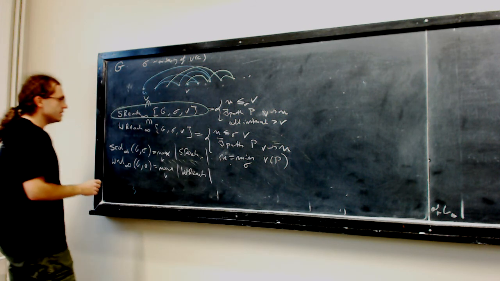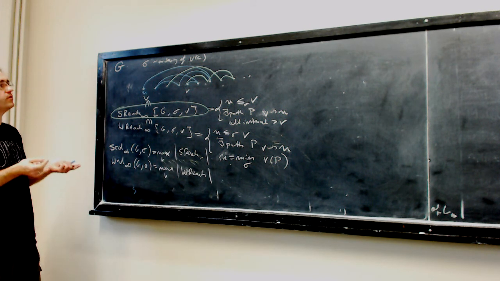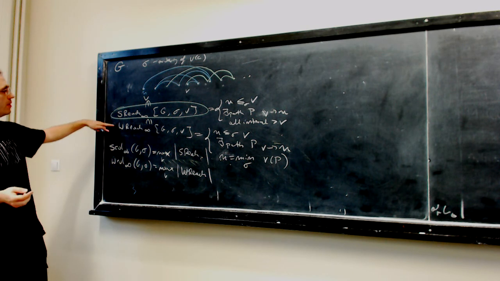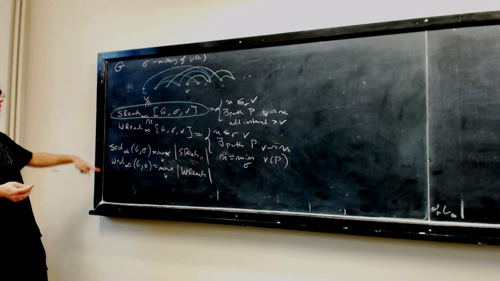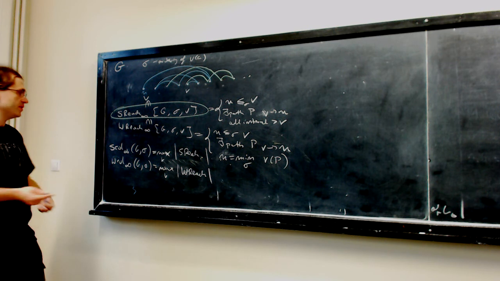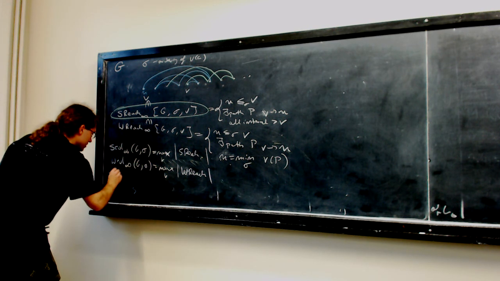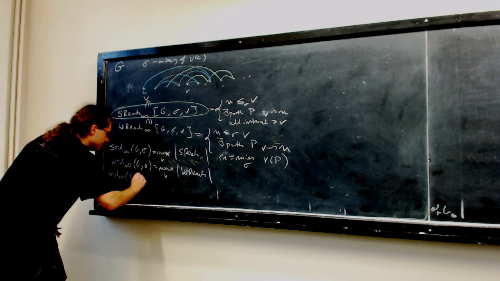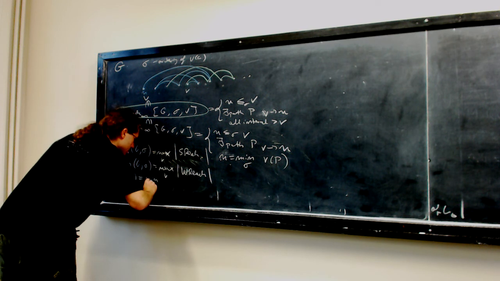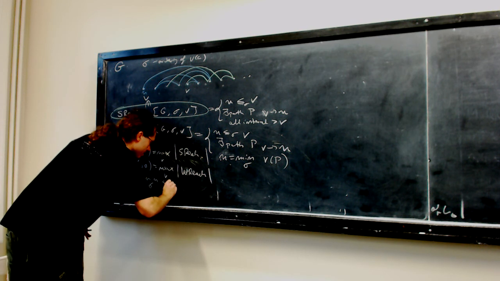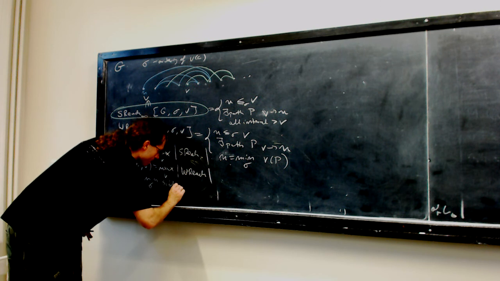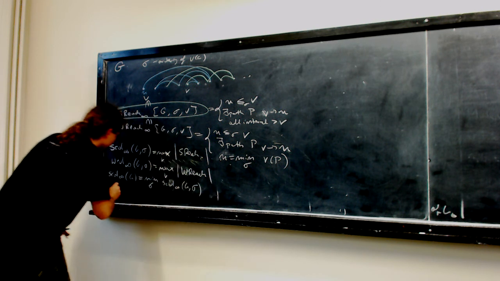The quality of the ordering is the largest strongly or weakly reachable set. That's what it measured, and now we are trying to find the best ordering. So the strong coloring number of G is the best ordering, and the same for weak coloring.